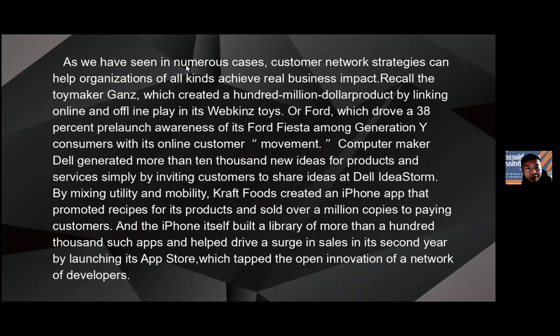As we have seen in numerous cases, consumer network strategies can help organizations of all kinds achieve real business impact.